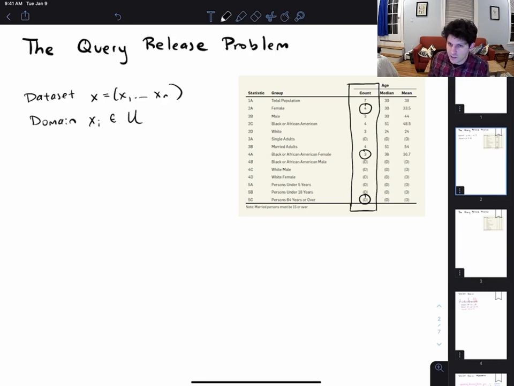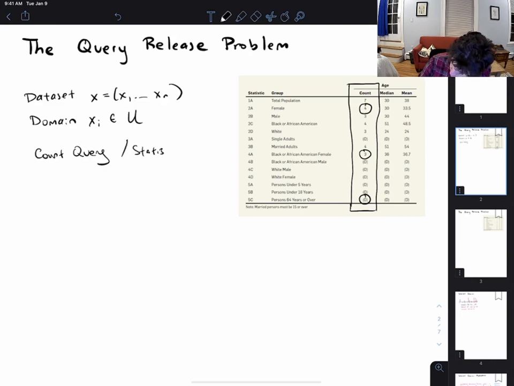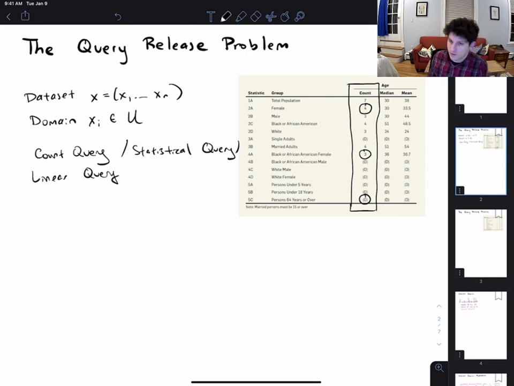And each entry of this table is a query of the following form. I'm going to call this a count query, or sometimes a statistical query, sometimes a linear query. It goes by lots of names. We also call it a count statistic or a linear statistic.